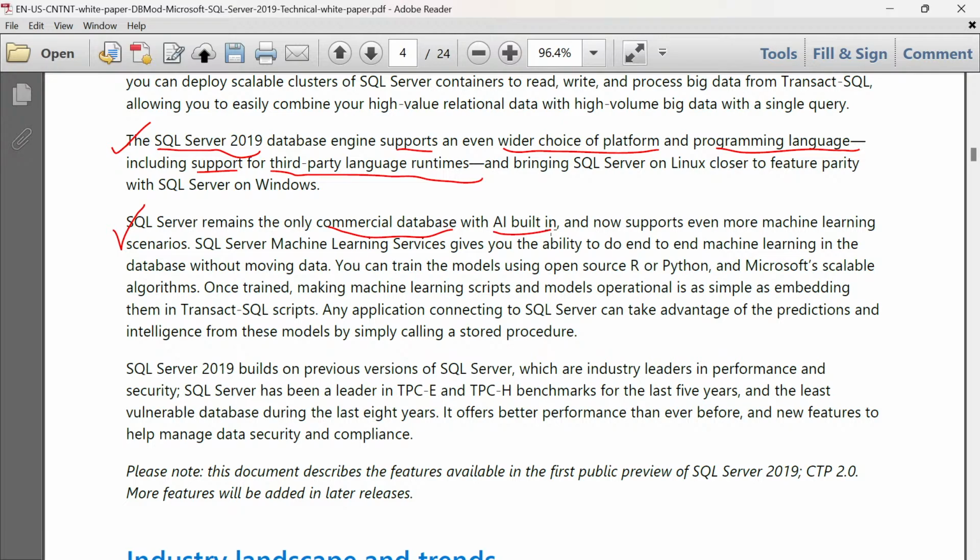By pressing Control and Space bar, you can see the predictive words as well. So we can say the SQL Server database supports AI features. It has built-in support for AI features, even for ML, that is machine learning.